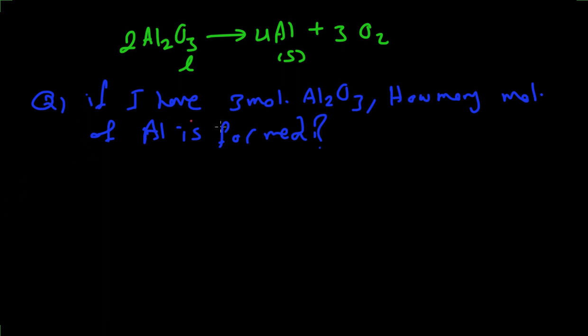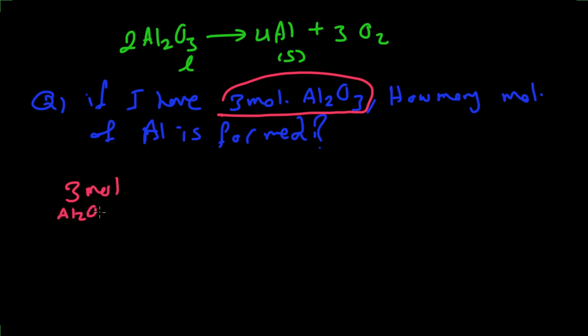Look at this. Which is unknown? Which is known? 3 mole of aluminum oxide is known. So you will write 3 mole of aluminum oxide over, which one is unknown? Aluminum, right?